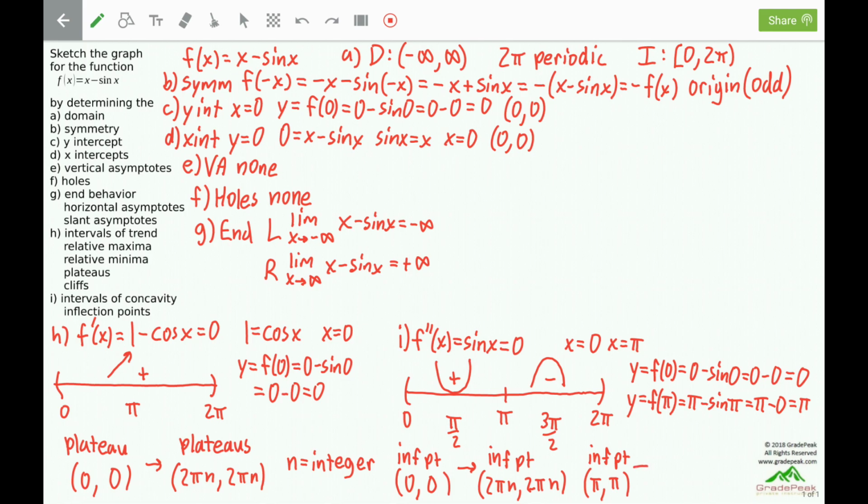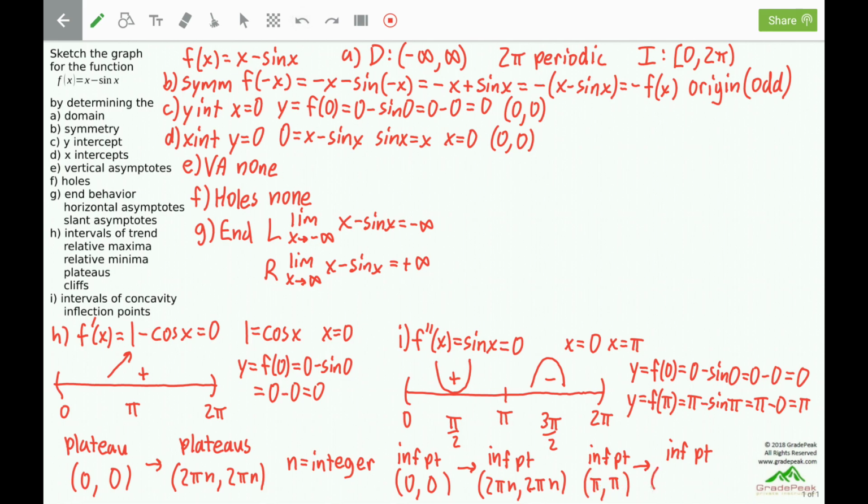We can extend this to the entire domain of negative infinity to positive infinity by using the 2 pi periodic nature of sine x. We can add to each of the x values the period 2 pi times n, an integer. The x-coordinate is definitely an x value, and the y-coordinate, again, because f of x is x, combined with a trig function, is also an x value. So we can add 2 pi n to each of those.